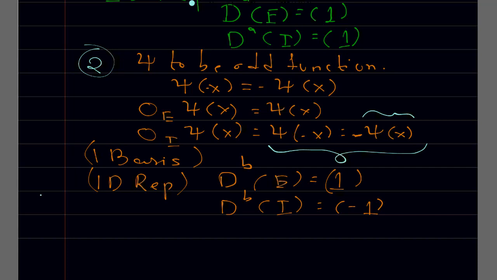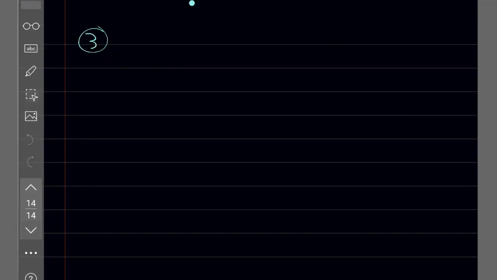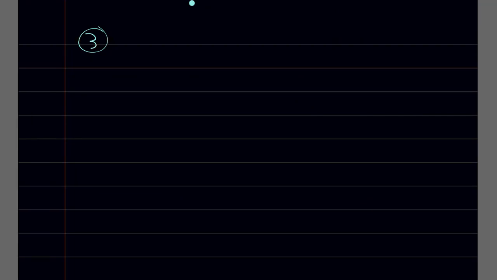Okay, now the third one. The third one is interesting. What we will do is we will take two functions. Okay, and how are the two functions going to look? Let us take an even function, psi1.